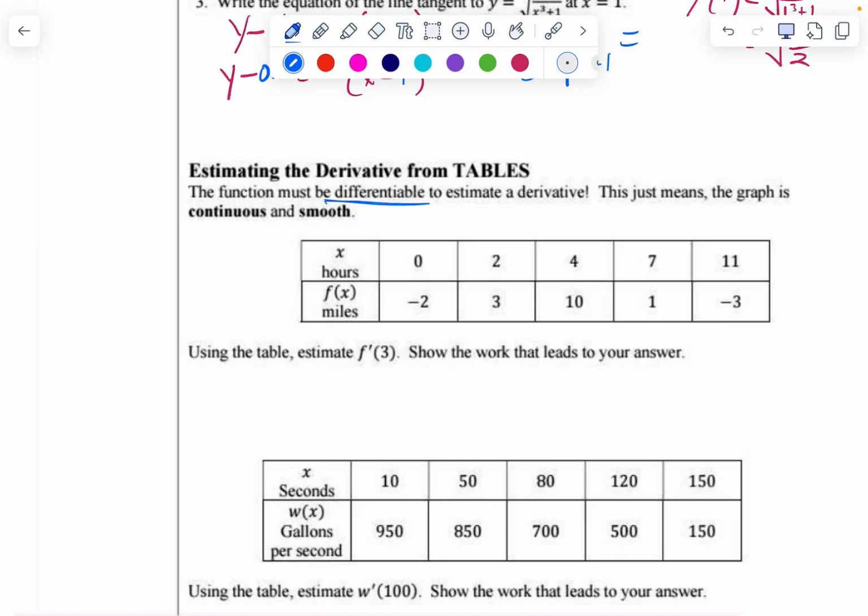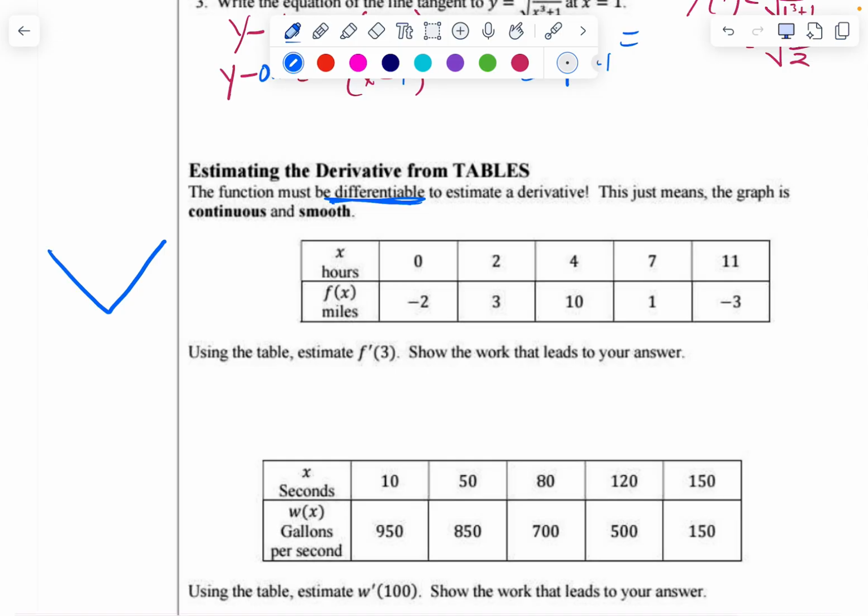And this word, everybody underline differentiable. Our next lesson is all about differentiability. Basically, it just means that the graph is continuous and smooth. So we don't have any jumps, we don't have any holes, and we don't have any what we call cusps or corners. So our graph doesn't do something like this.